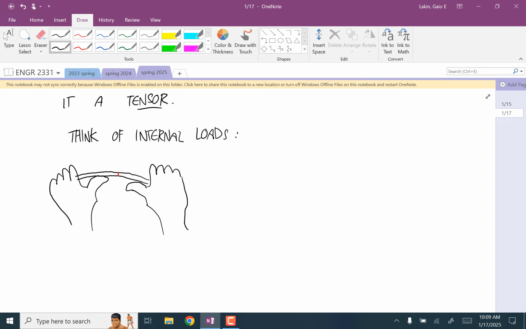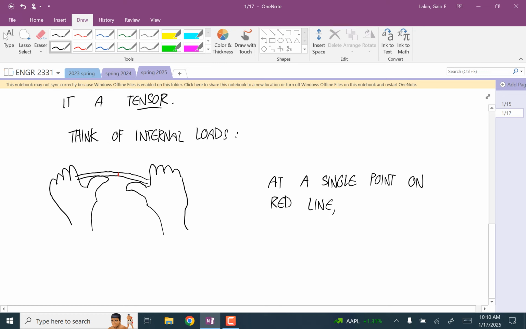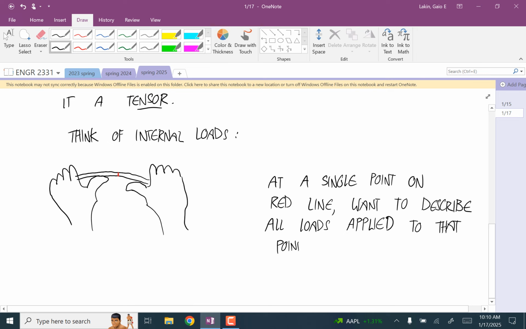Okay, and let's say at a single point on the red line, we want to describe all the loads applied to that point by the surrounding loads, by the surrounding material. Okay.